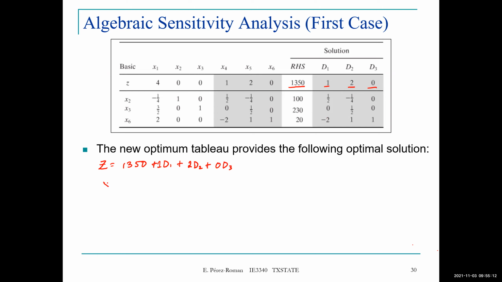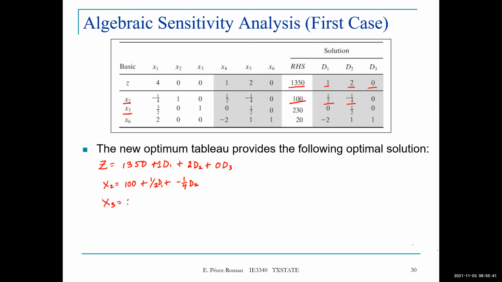And X2 is going to be equal to 100 plus 1/2 D1 plus minus 1/4 D2. So that's X2.